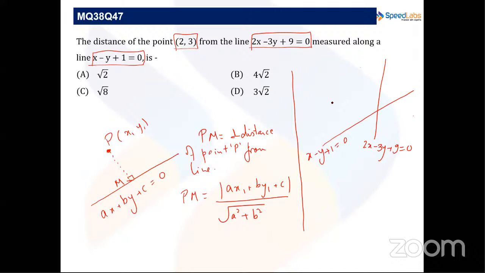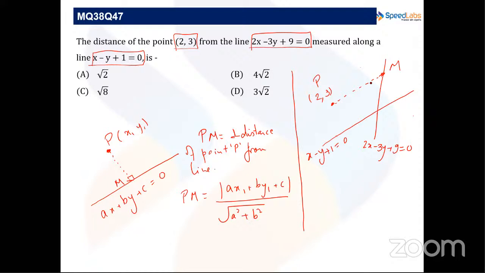Now we have this point 2 comma 3, and we are required to measure this distance along the line, that is, a distance parallel to this line. So this is our P, and we said this is our point M.